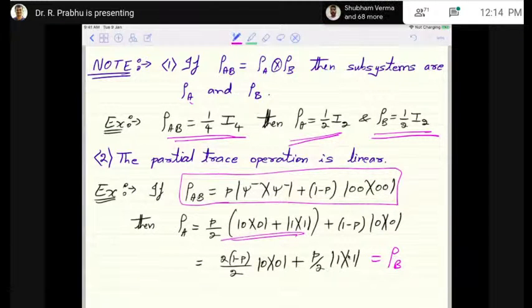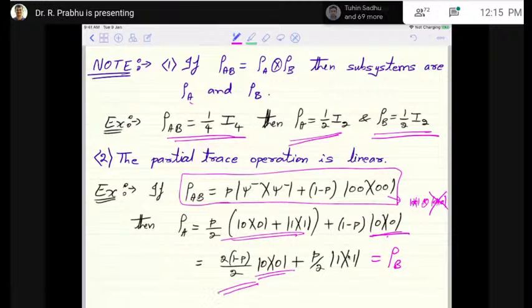And you can see here it is just throwing away a particle. Since this state can also be written as 0 0 tensor product 0 0, it is just throwing away the second particle. So it is just linear addition of the terms. 0 0 will have coefficient 1 minus p, which will add up with p by 2 and give you this expression.